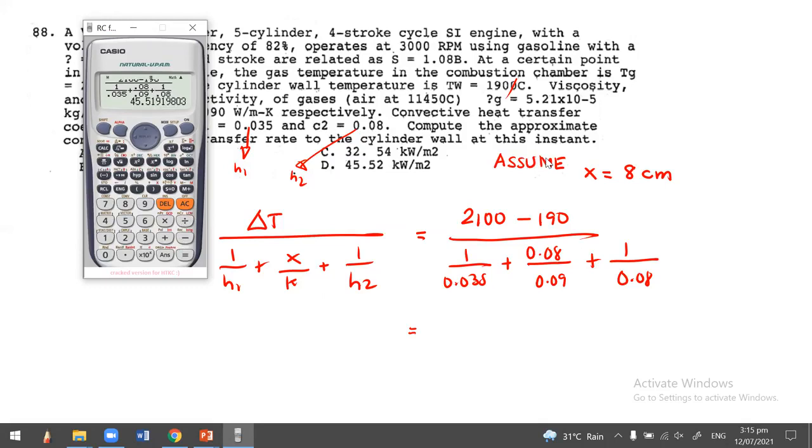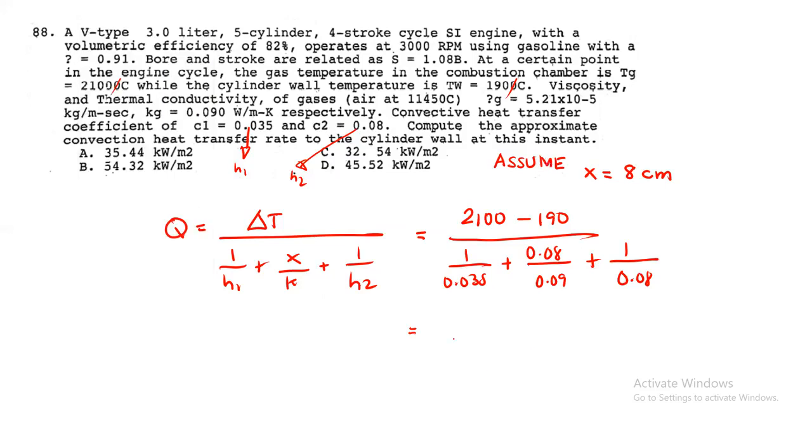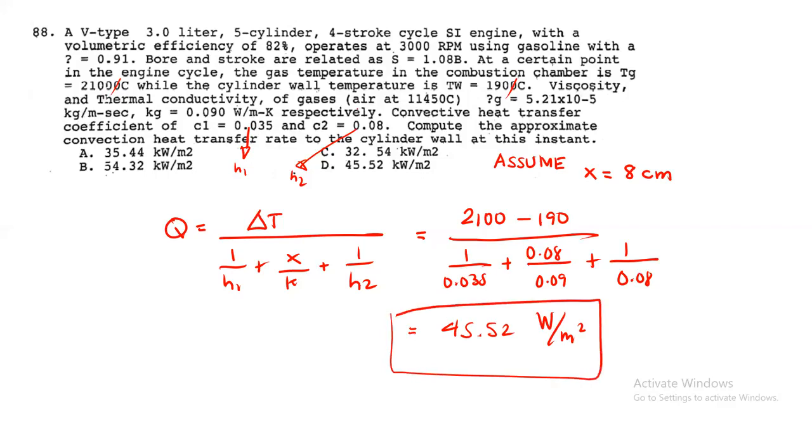So, 45.52. Sakto, 45.52 watts per meter squared. Yan na. Ibig sabihin may air dito. Dapat naka-watts per meter squared yung mga yan. So, the answer is letter D.